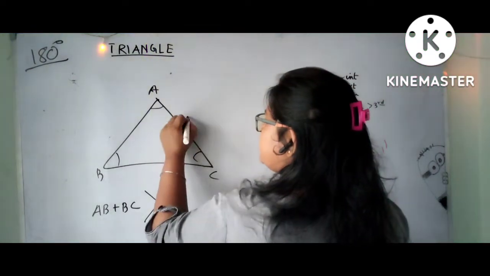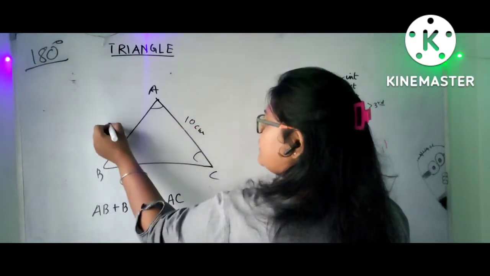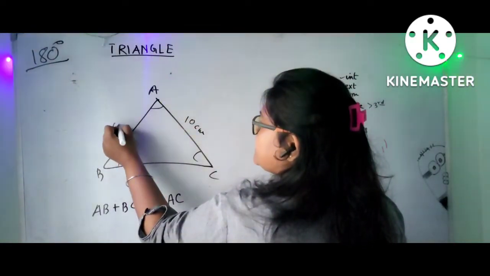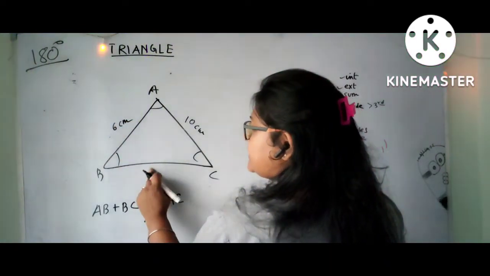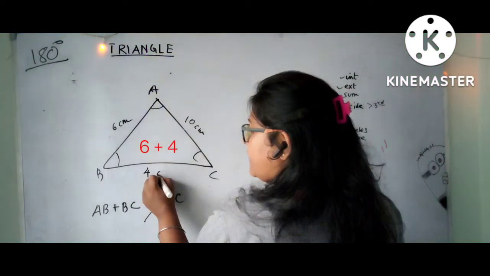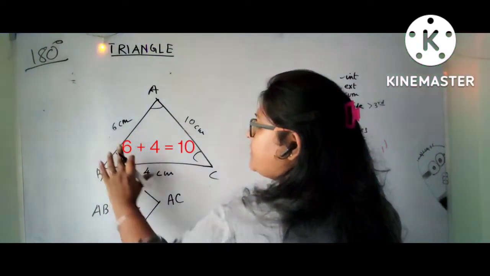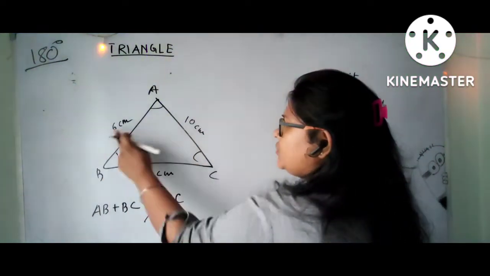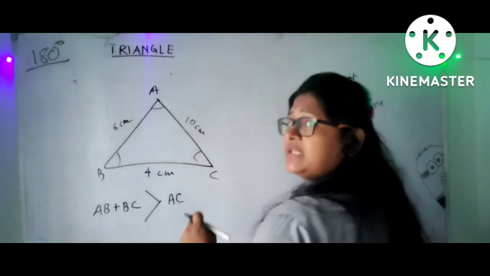Suppose this is 10 centimeter, this is 6 centimeter. This will not be 4 centimeter. Why? Because 6 plus 4 is how much? 10. The addition of the two sides always has to be greater than the third side.